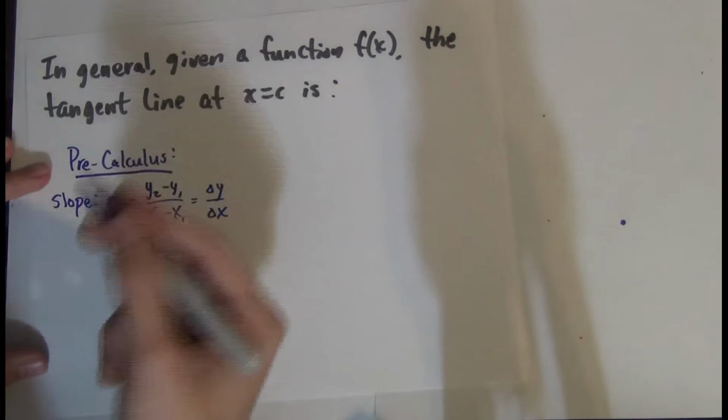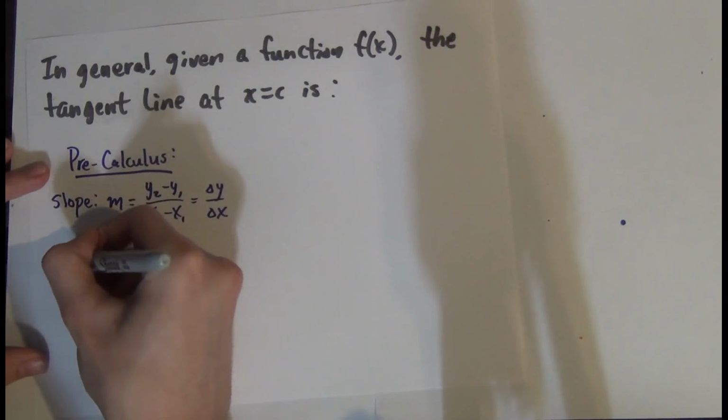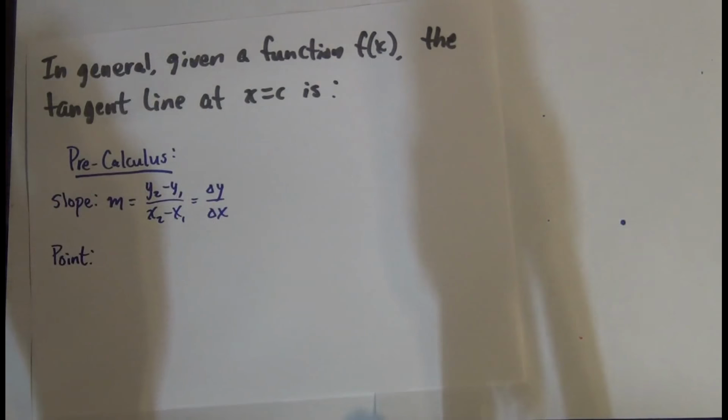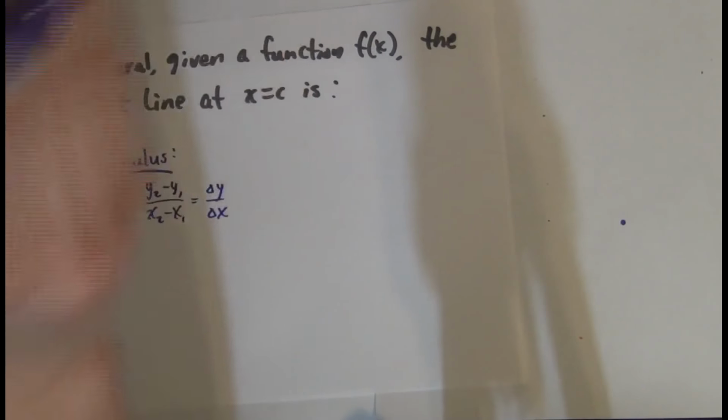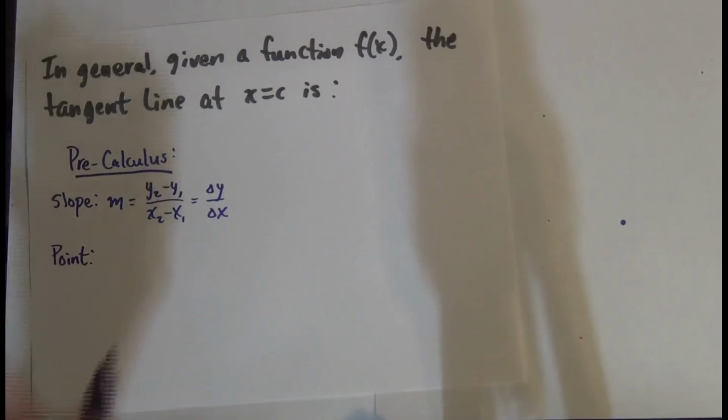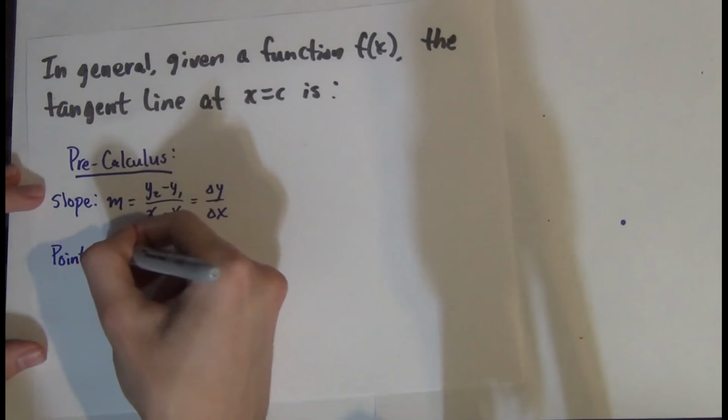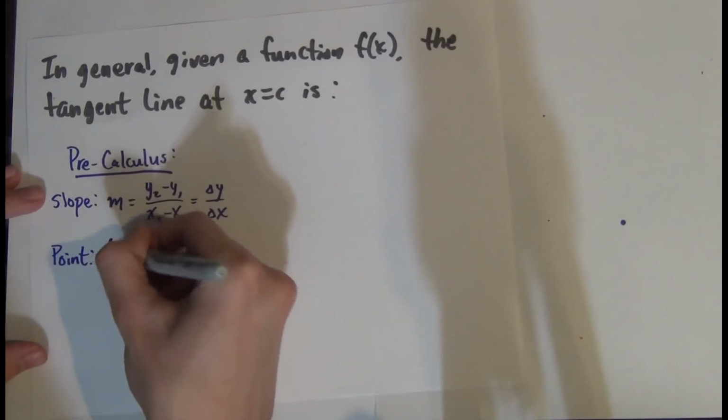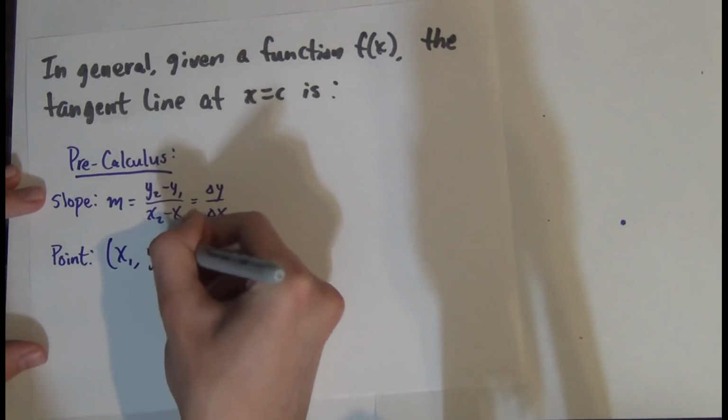And the point, just any point you want. Technically you only need 2 points to define that line, but a line has an infinite number of points to choose from. So just any arbitrary point, we'll call it x1, y1.